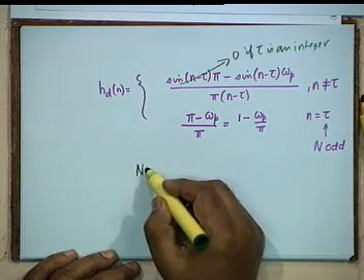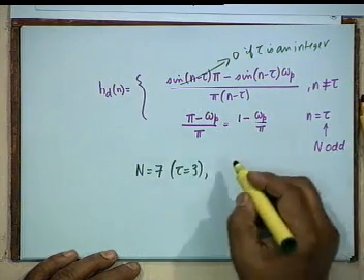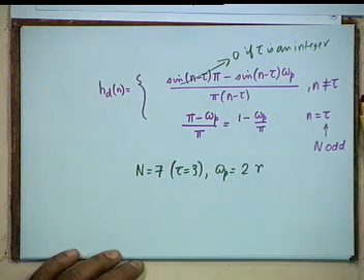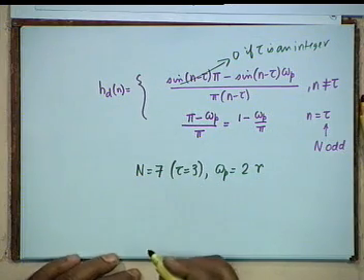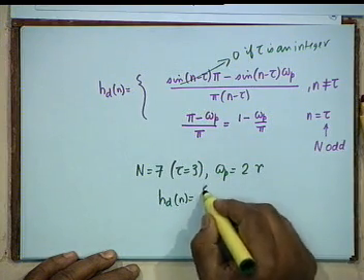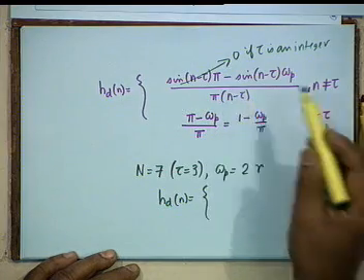Take an example. Suppose capital N is 7, that is tau equal to 3, and omega p, to bring variety, let us say it is 2 radians. Then your h d n is equal to, now be careful, there is a minus sign here. Okay.